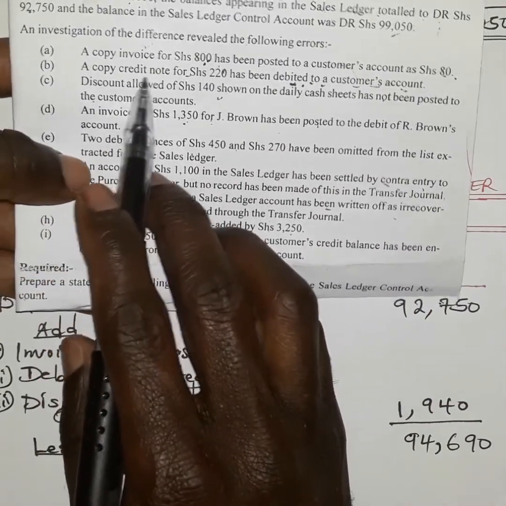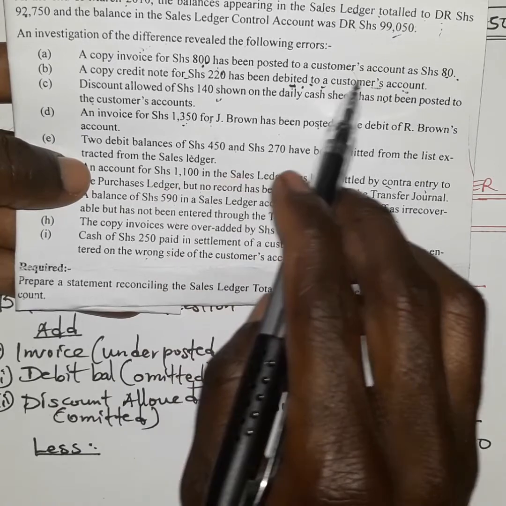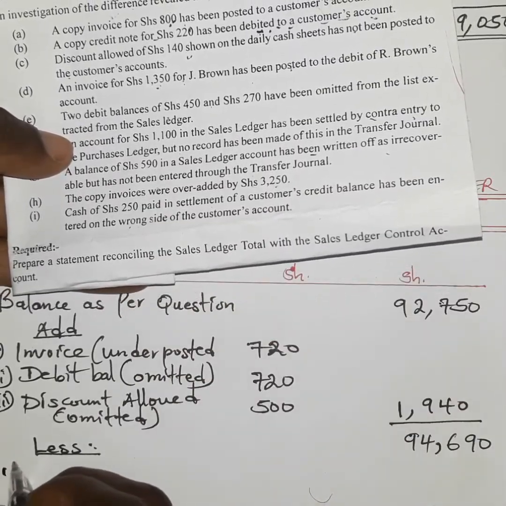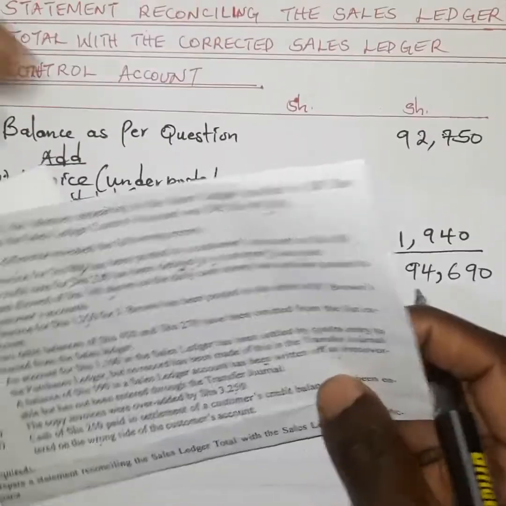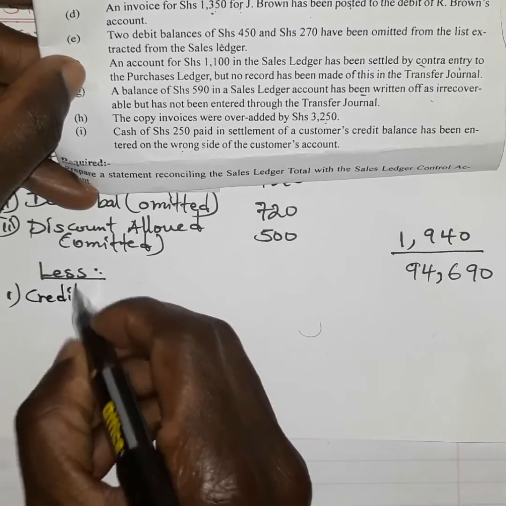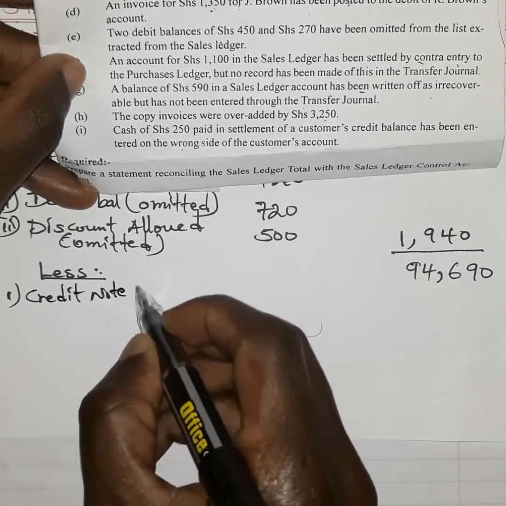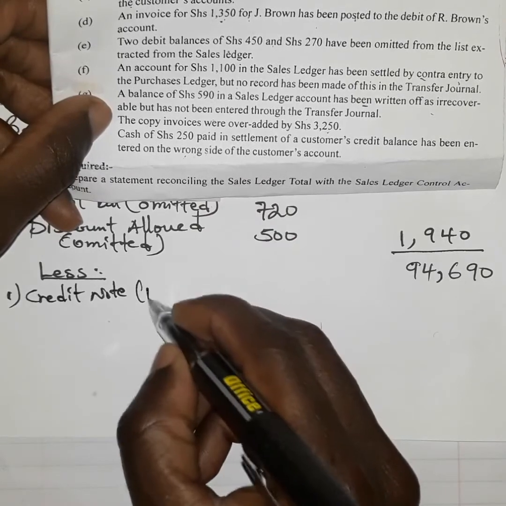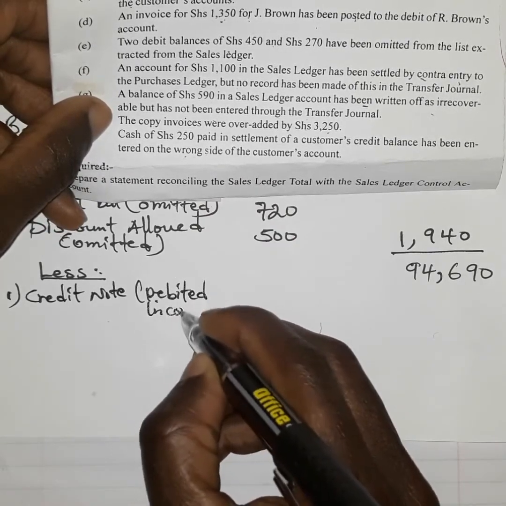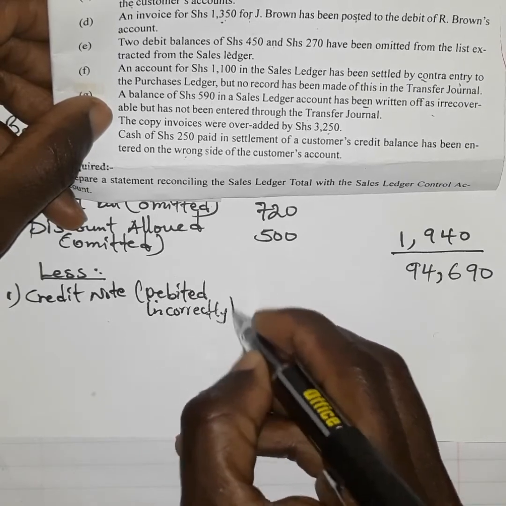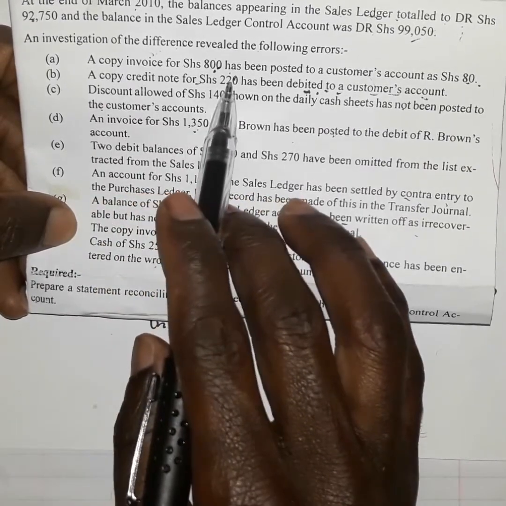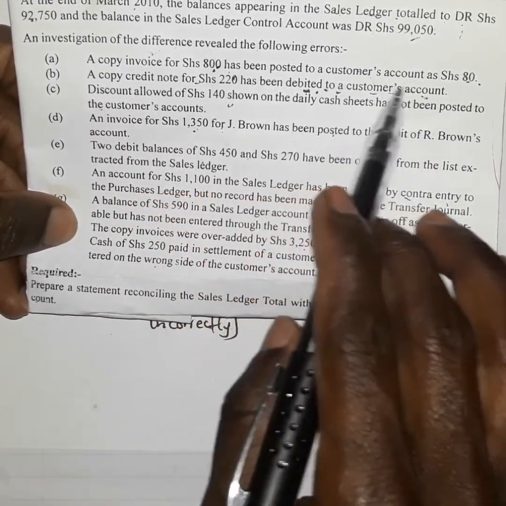A copy credit note for 220 has been debited to a customer account.